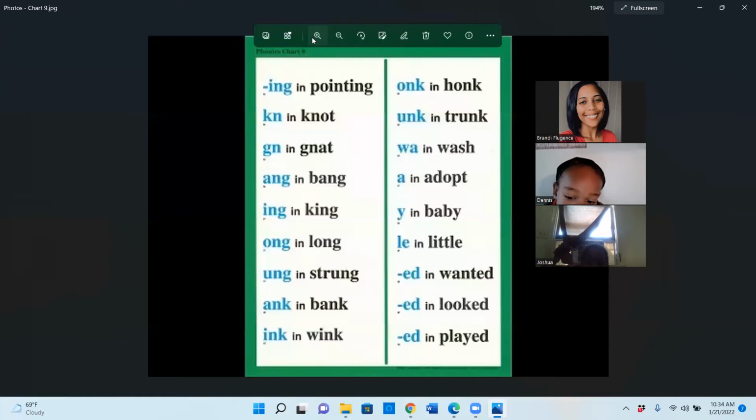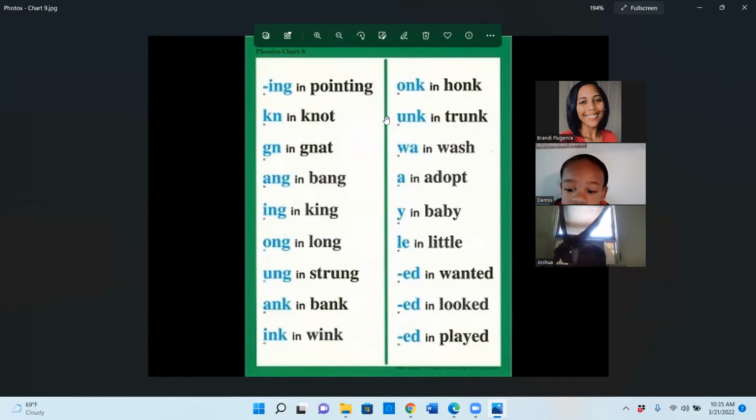Just the 9. Okay, chart 9, ING. ING says ing in pointing. KN says n in knot. GN says n in gnat. ANG says ang in bang. ING says ing in king.